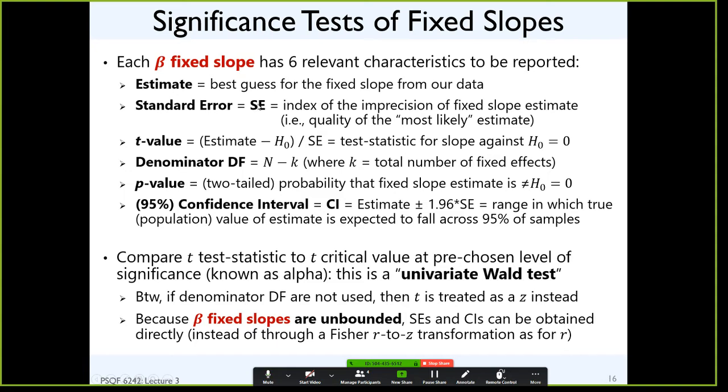That estimate divided by the standard error is going to be our friend t. Remember our friend t distribution? T helps us locate where our slope is relative to a population slope of 0. So it's going to give us a test statistic that tells us how unexpected our slope is.